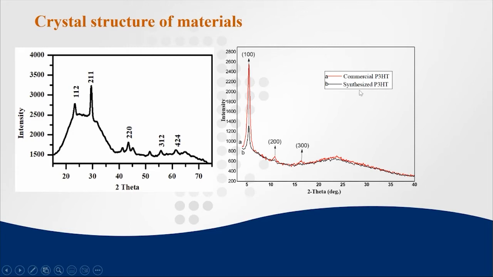The reason why I'm saying it's behaving much better is because the commercial one has some impurities, because there are so many mixtures in that bottle. But when you synthesize the material, we normally wash these materials to remove certain impurities. Hence, we are seeing the shape of the synthesized material, which is slightly enhanced in this region.